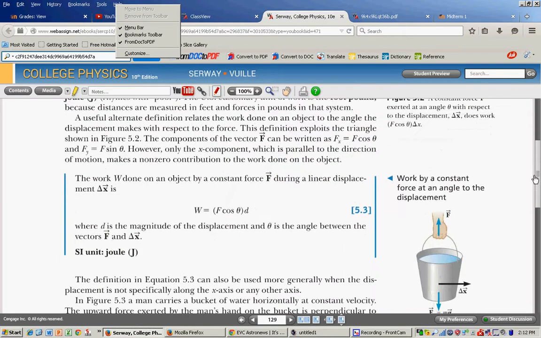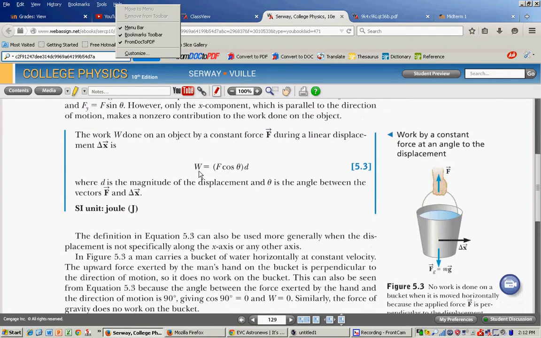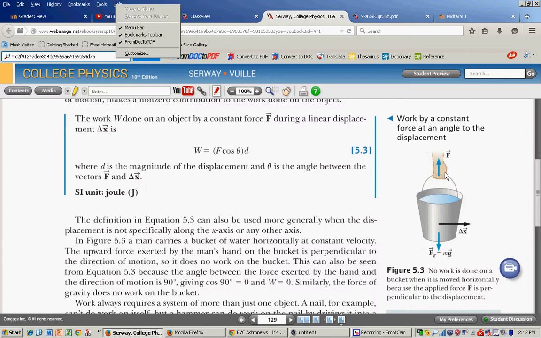So here's an example. You have a bucket of water, and then looking at the bucket itself, what are the forces on it? So you have a weight, a downward gravity force, and you have an upward force that is exerted on the bucket by the person's hand.